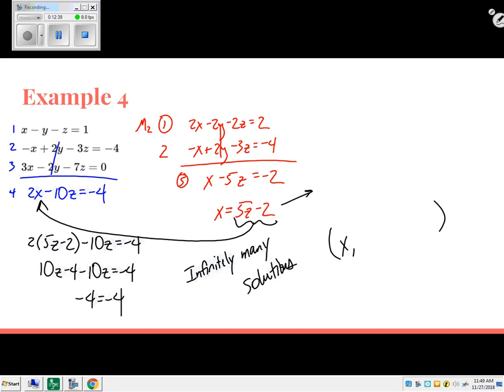I'm going to come right here to get my z, find out what this z is equal to. If I add 2 to both sides, I get 5z equals x plus 2. Solving this for z, I get 1/5 x plus 2/5 equals z. And that's exactly what I'm going to pull down right here in place of my z.